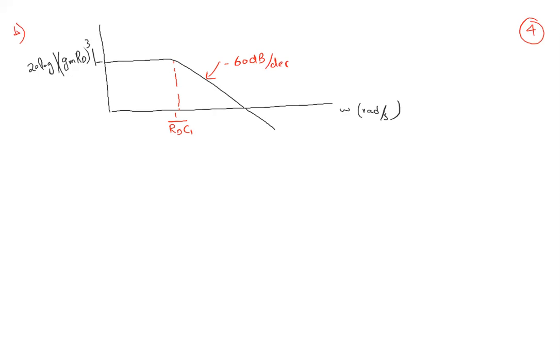Okay. Then comes the second one. For magnitude and phase, we need to draw them on the same scale, up and down. So here I am drawing minus 270 degree, minus 180 degree, minus 90 degree.